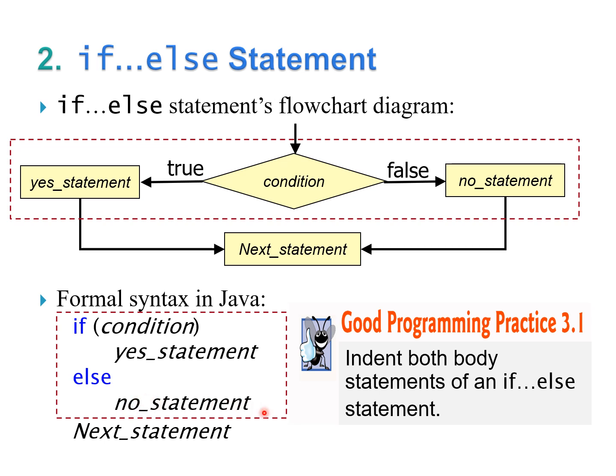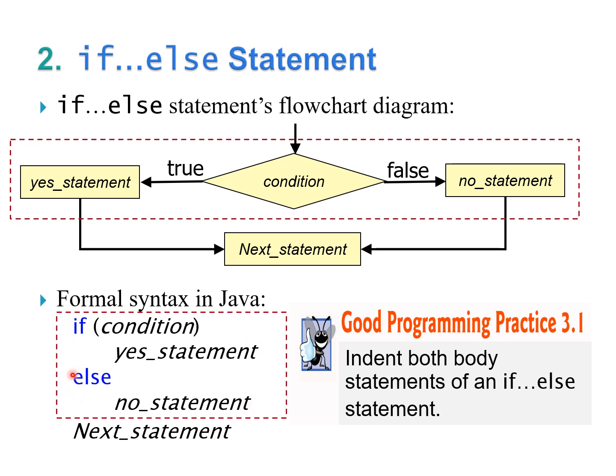The yes statement is the statement that will be executed when the condition is true, and the no statement, which is after the else keyword, is the statement that will be executed when the condition is false. And so the flowchart in this dotted rectangle is the flow of control for this if-else statement syntax.